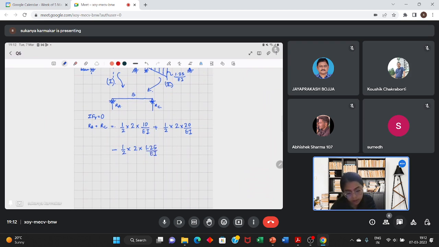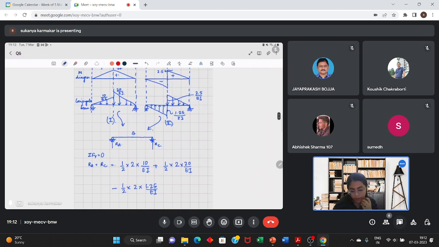The load is in the vertically upward direction. So to maintain the sign convention, RA in the vertically upward direction is positive, RC in the vertical upward direction is positive. Loading from A is in the downward direction, negative. So this is negative, this is negative.